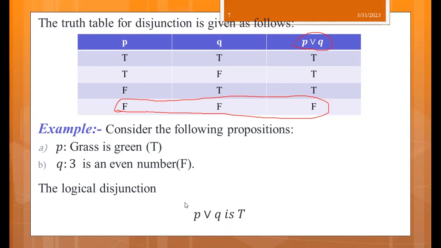Because the first component P is true, even though the second component Q is false, true or false is true. Because for this logical disjunction to be false, both P and Q must be false.